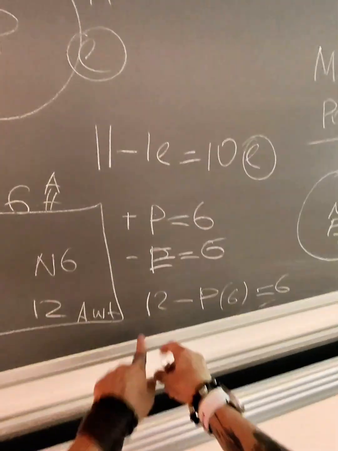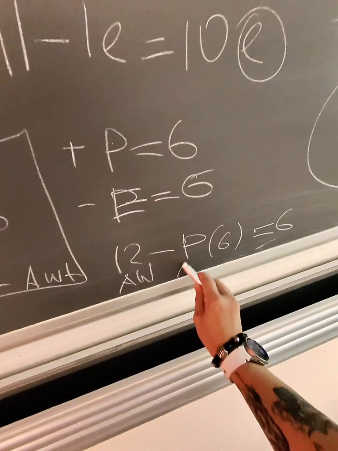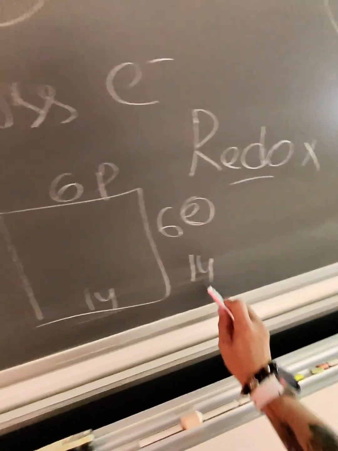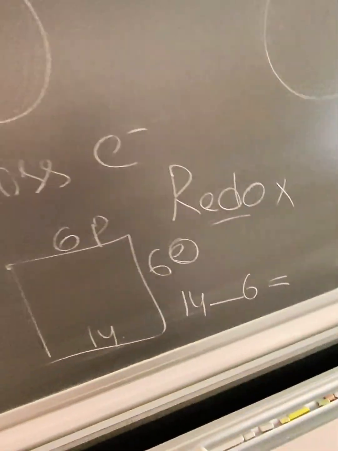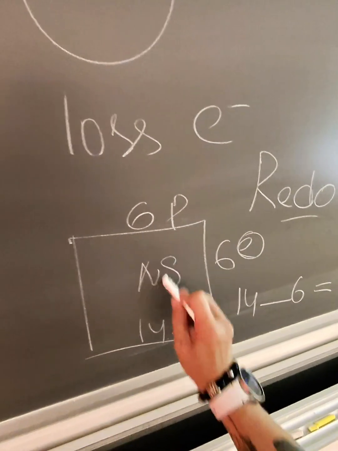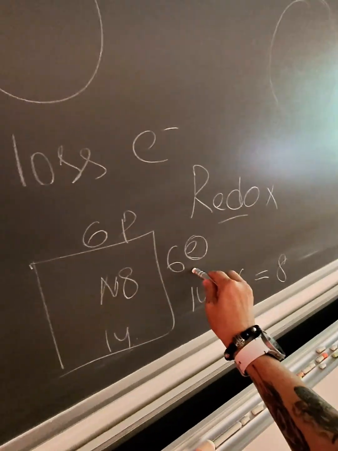For the neutrons, all you have to do is take the atomic weight, 14, and subtract the atomic number, 6. The amount of neutrons here is 8. So the neutrons are 8, but electrons are 6 and protons are 6.